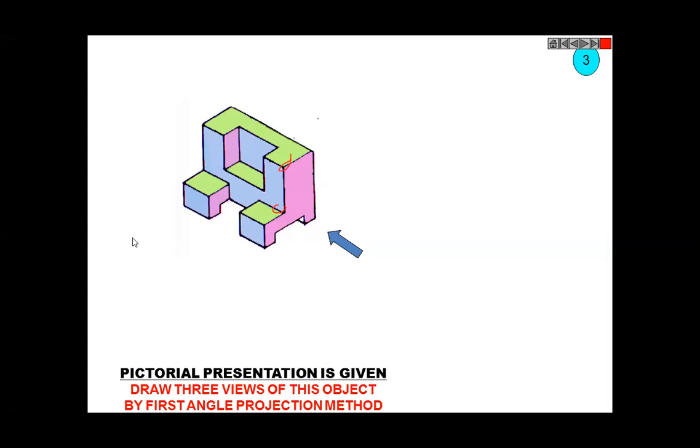Okay, this is not correct. You will have a dotted line for this line.